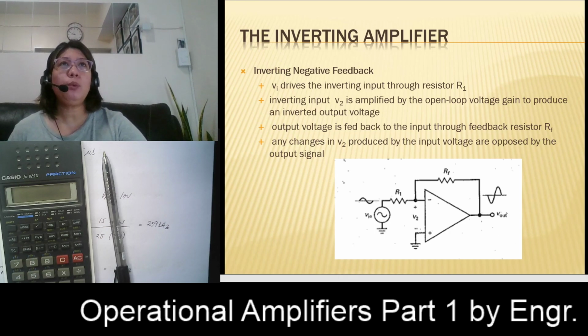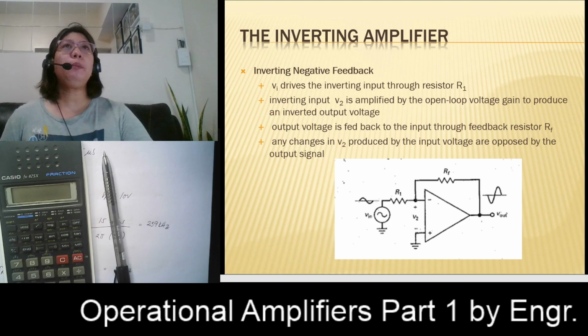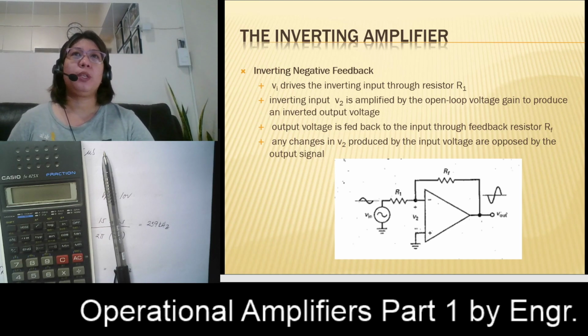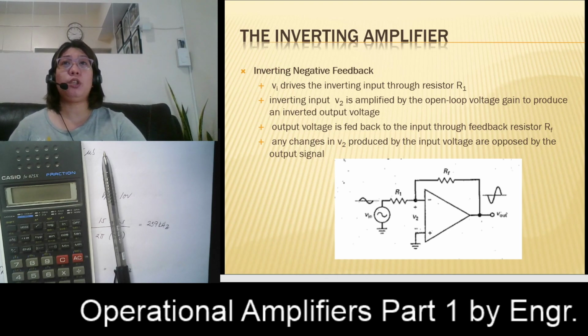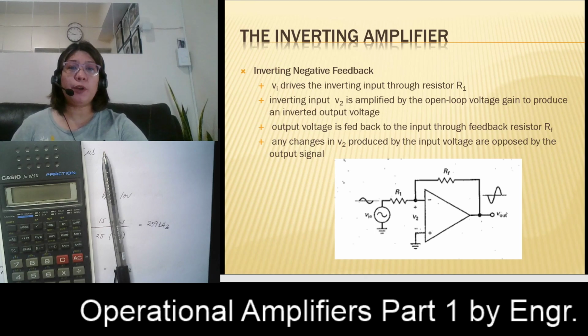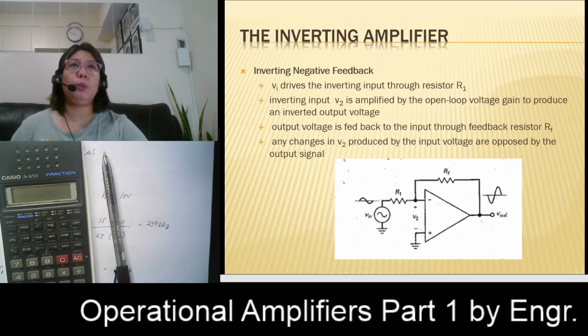How can we say that the feedback resistor somewhat stabilizes our overall voltage gain? If our open loop voltage gain increases for any reason, significantly, the output will increase.